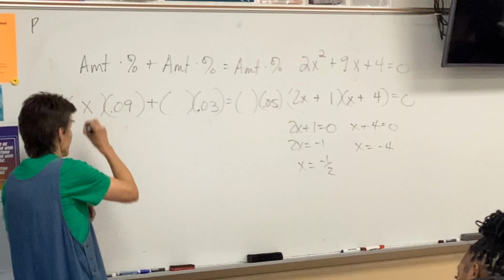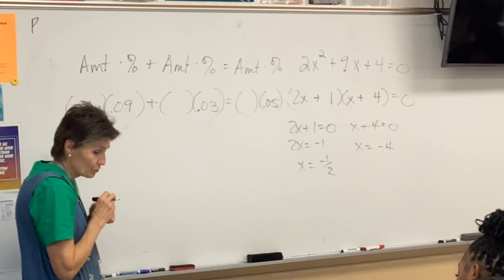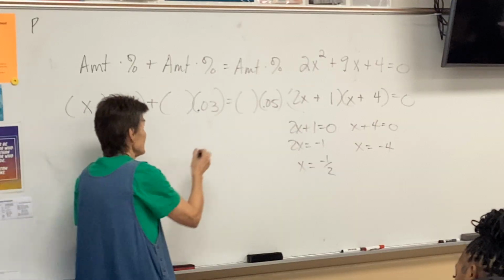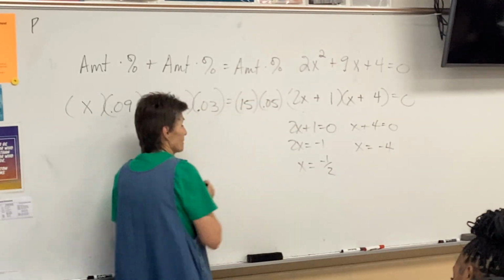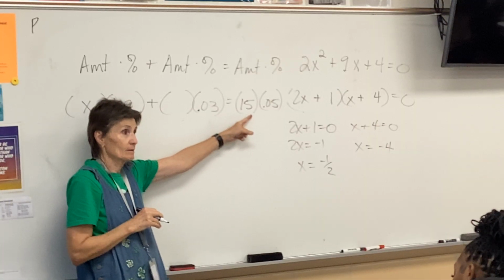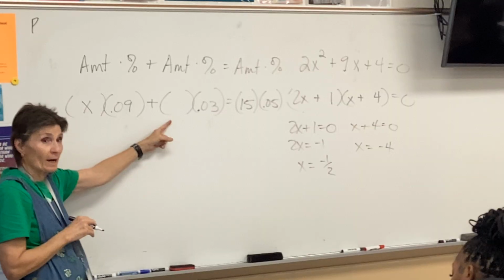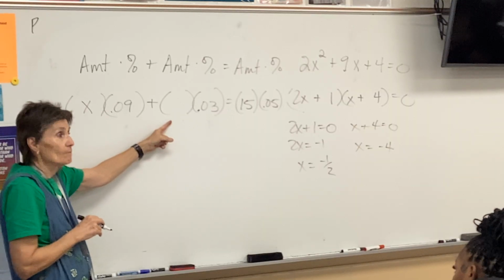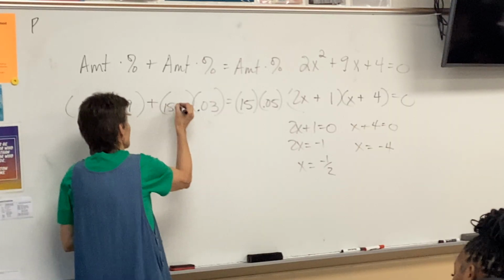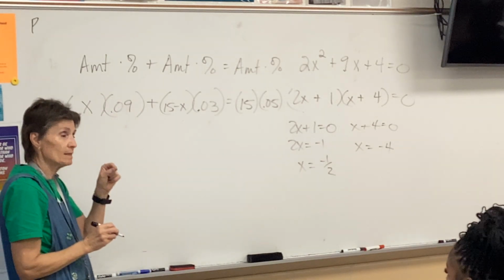How much must be mixed to get 15 gallons of the 5%? So the 15 goes right there. What does that mean is going to go right here? 15 minus x. And it has to be 15 minus x.